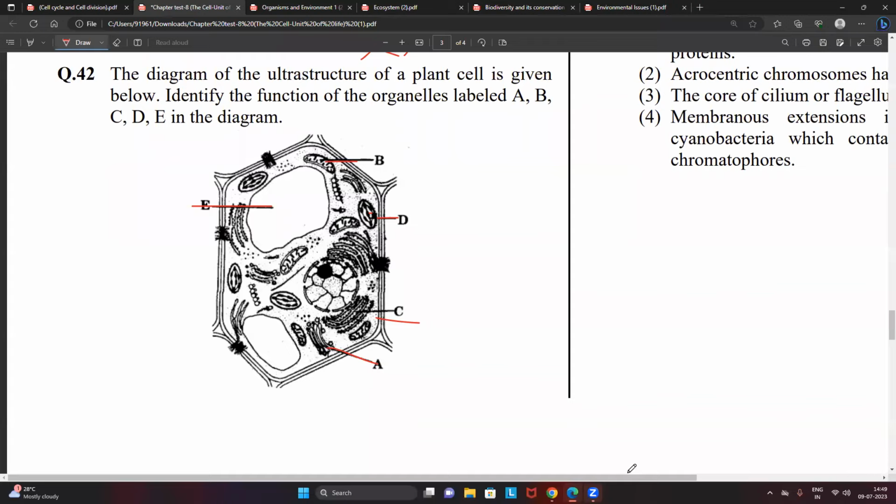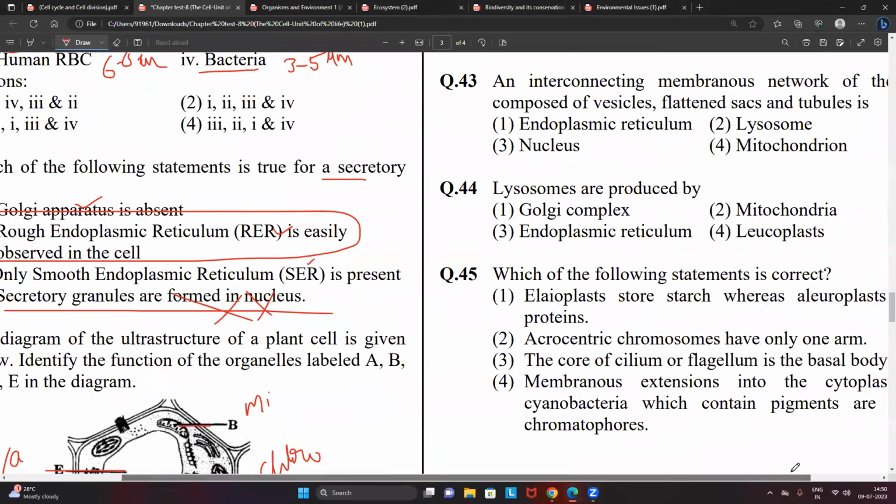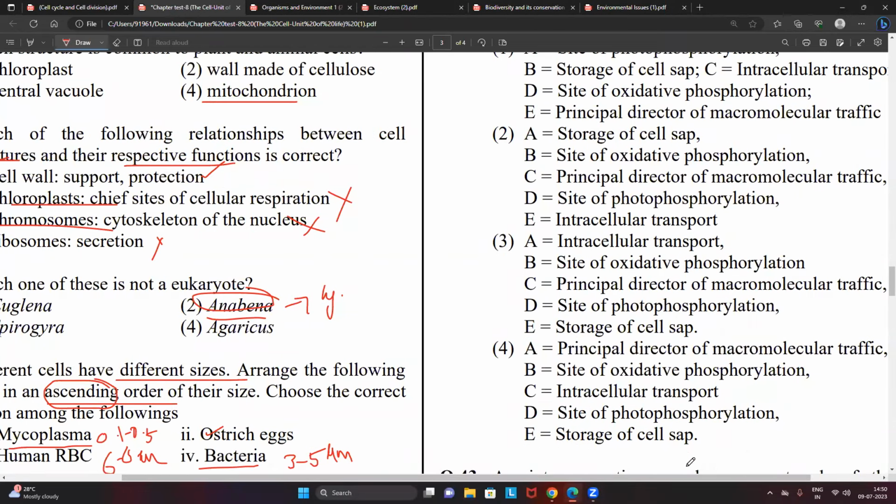Option A is the Golgi complex. Every one of you knows about it. Correct, na? What will be option B, friends? Option B will be the mitochondria. Every one of you knows it very well. And where is option C? Option C is the ER. You know very well. And option D is the chloroplast. What is option E? Very big one. Please mute your mic. Someone is creating a disturbance. Option E is the vacuole. Now you choose which is the right answer.